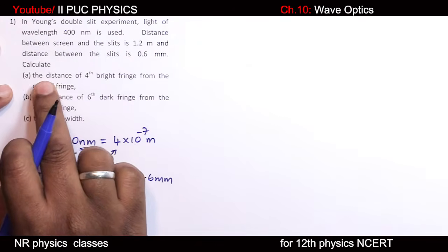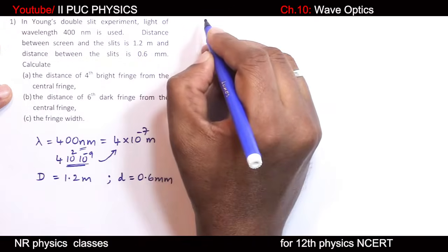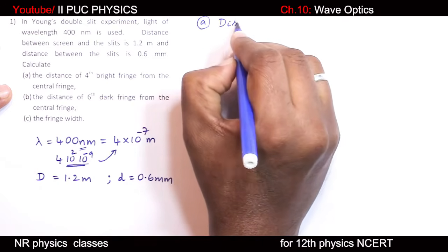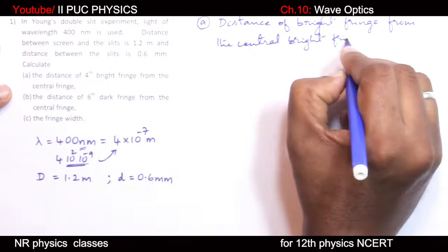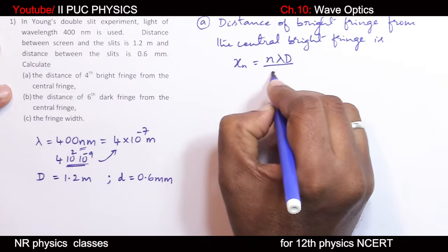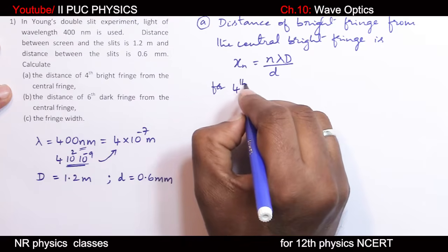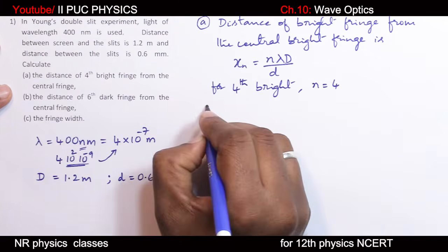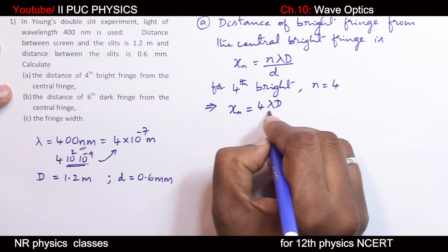First one, calculate the distance of fourth bright fringe from the central bright. xn equal to n lambda capital D by small d. For fourth bright, n is 4, implies xn equal to 4 lambda capital D by small d.